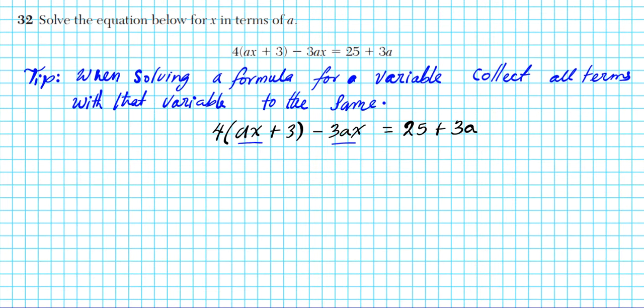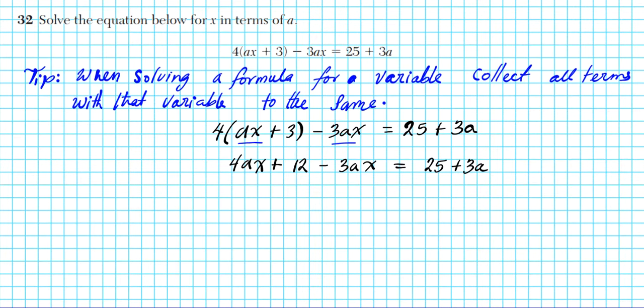So let's simplify this so we can have only the terms with the x's attached on the left side. You see this 3 right here, that's a problem, we need it gone. To address this parenthesis, we distribute, so that gives us 4ax plus 4 times 3 is 12 minus 3ax equals 25 plus 3a.